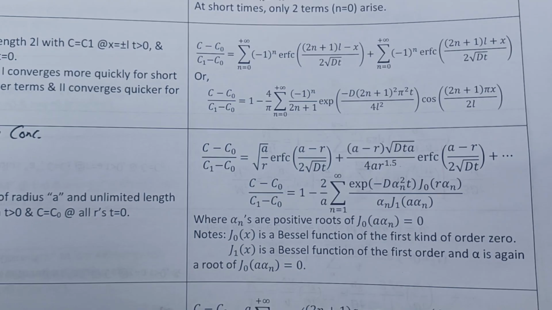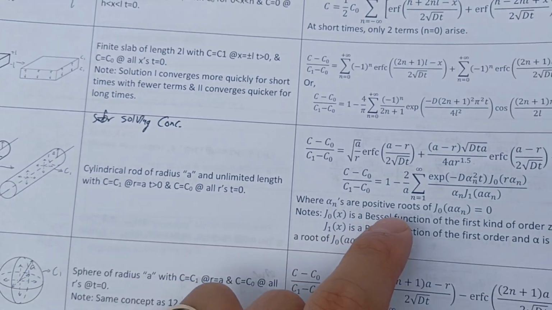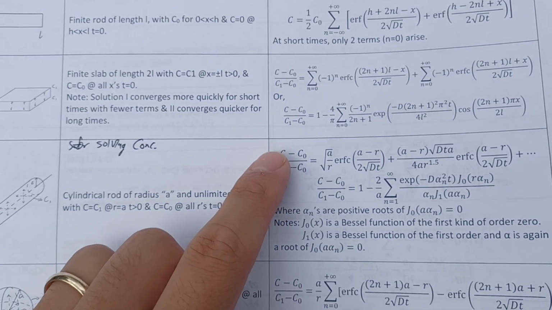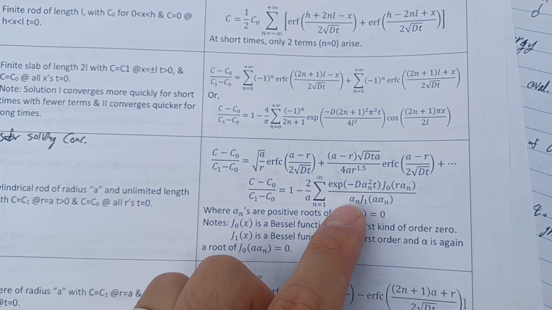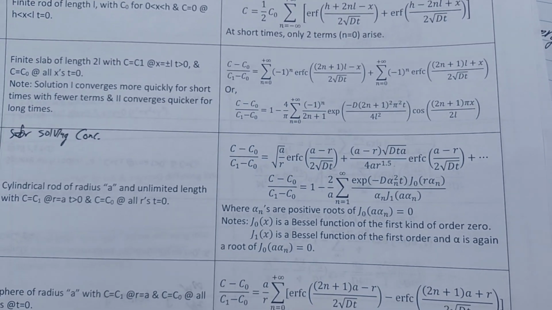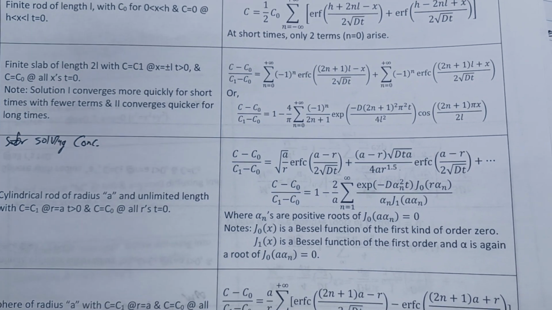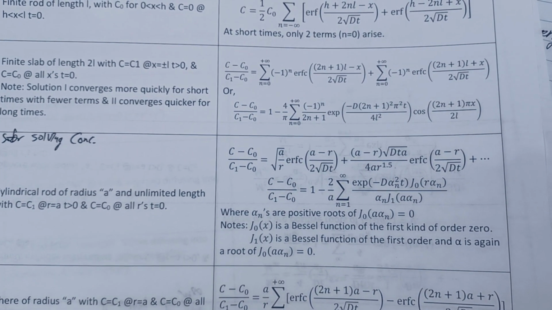Here we are solving for concentration, and we have these J terms coming in, but what they actually represent, I'll cover in the next video or put in the description for the explanation.